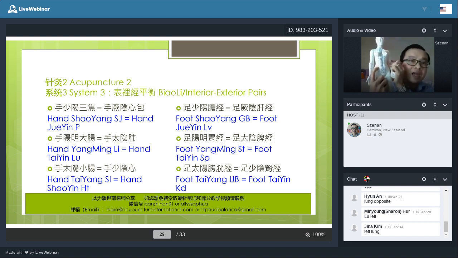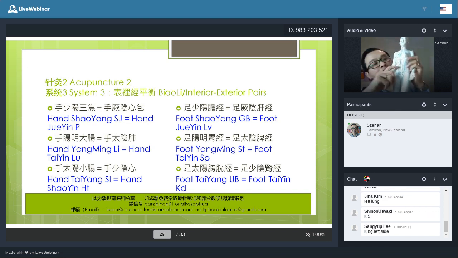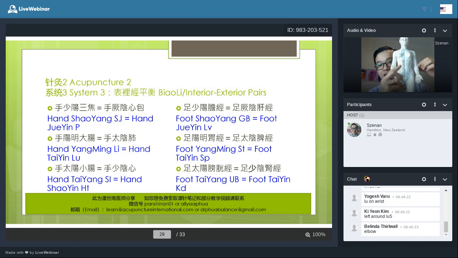Now, what about acupuncture 3? Which area do you treat on acupuncture 3? Type about which area you treat on acupuncture 3. It goes to the same level as the belly button. You choose the left side, lung 5, elbow.